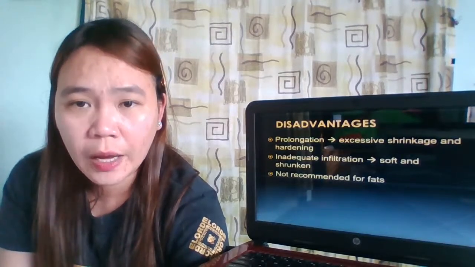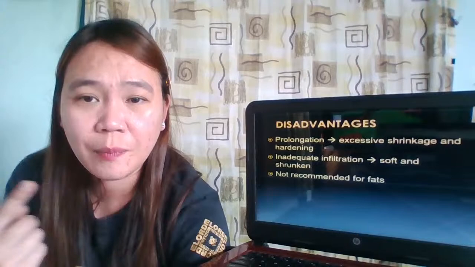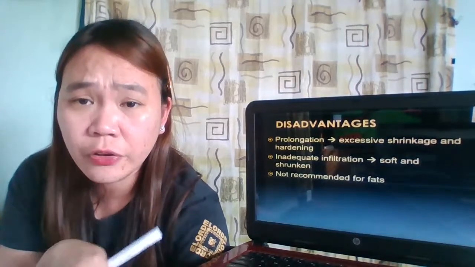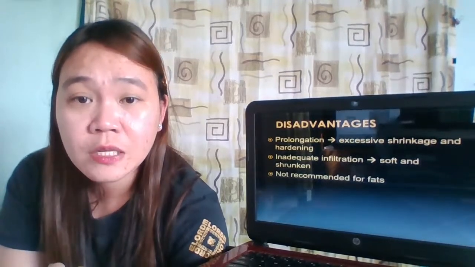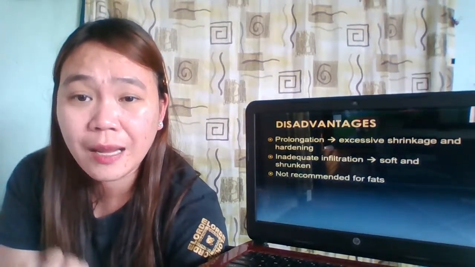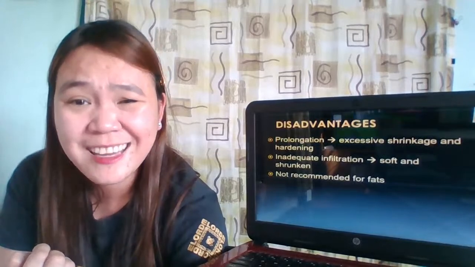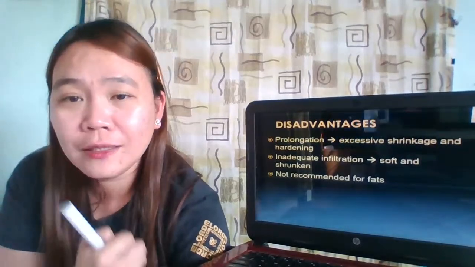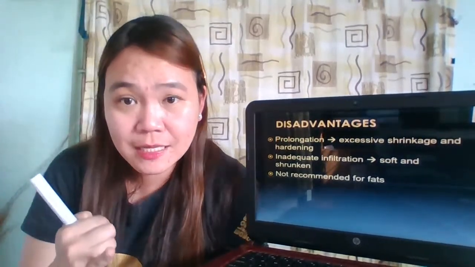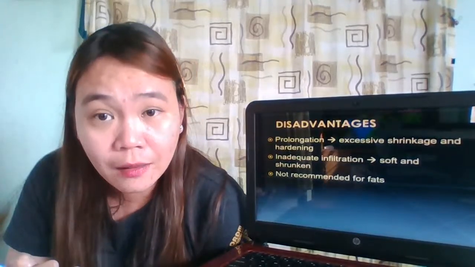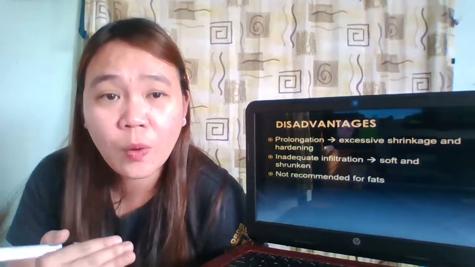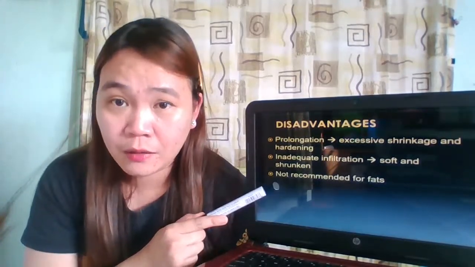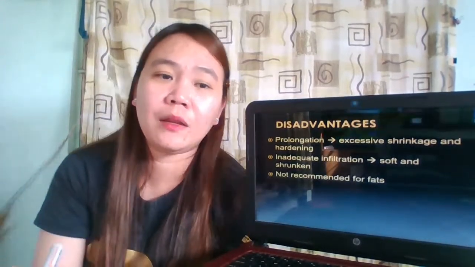So just like what I mentioned, it's not really the paraffin, but the reagents that you use prior to your paraffin. Remember, alcohol dissolves lipids or fats, right? Xylene, will it dissolve? Yes. So that's why it is not recommended for fats.